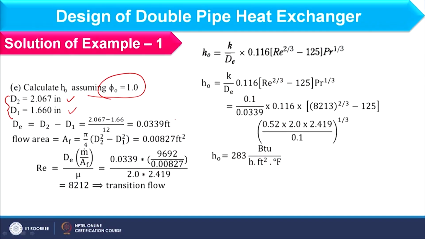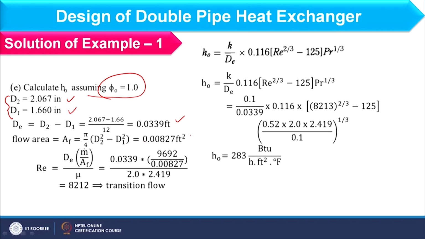So, here we have d2 and d1 value, and considering this we can calculate equivalent diameter as 0.0339 feet, fine.